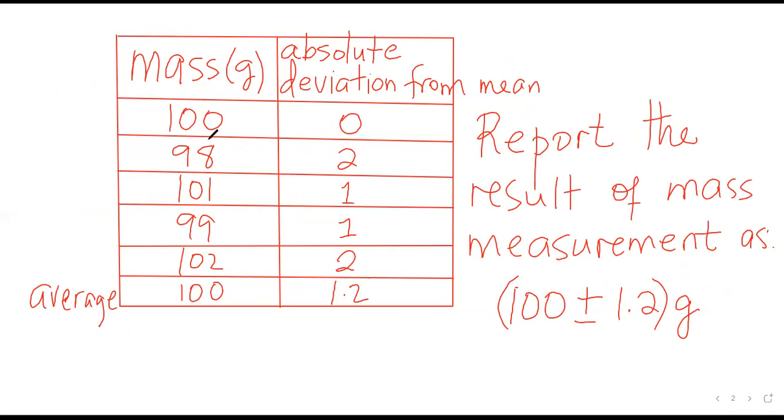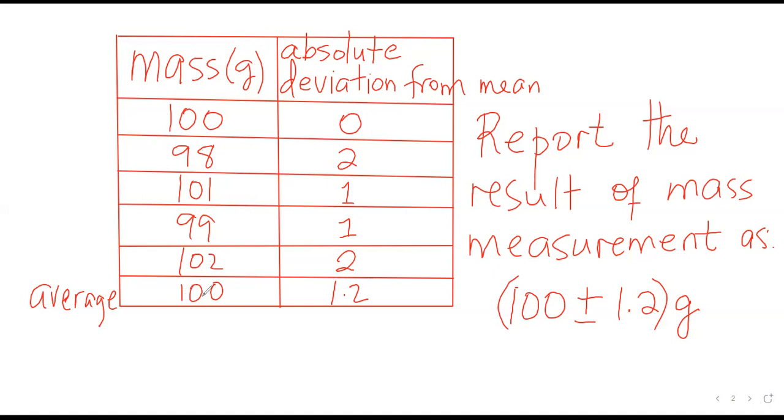If you add all these numbers, you will get 500. Then you divide by how many numbers you have: 1, 2, 3, 4, 5. So 500 divided by 5, you get 100. So that's the average of the measurements.